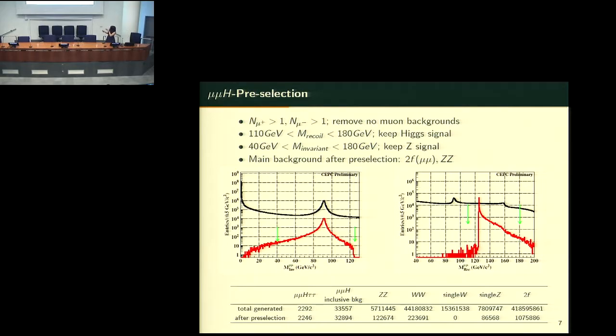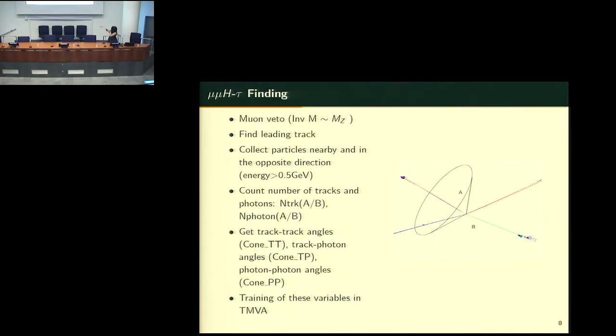And in the mu Higgs channel, the pre-selection applied is that there exists a pair of mu's, of course, and the invariant mass and the recoil mass of this pair of mu's should obey the mu Higgs channel. And after this pre-selection, we can see that most of the standard model background has been reduced by a large factor.